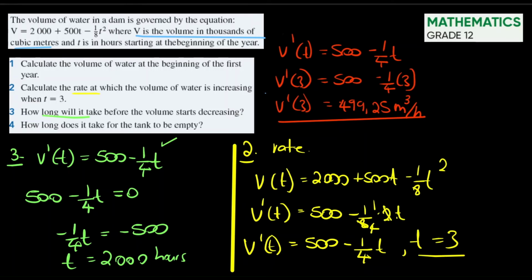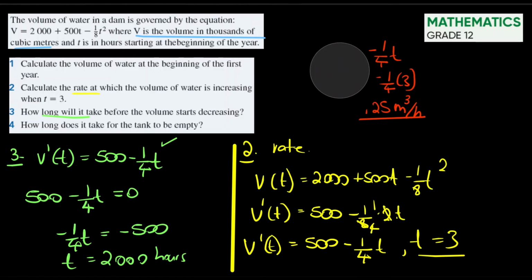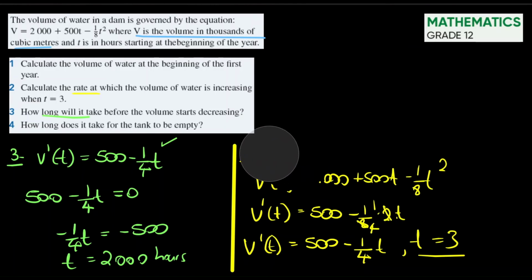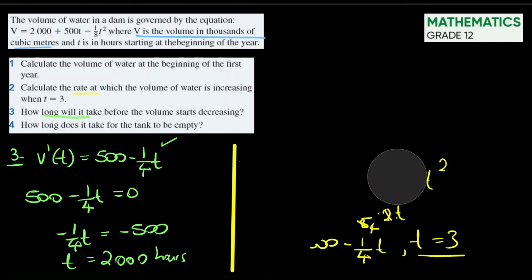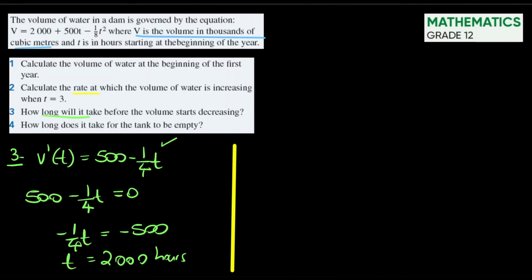And the fourth question is asking us something very interesting. They're asking us how long will it take for the tank to be empty? The tank to be empty. What should happen for the tank to be empty? That's the question you need to be asking. For the tank to be empty means the volume is 0.